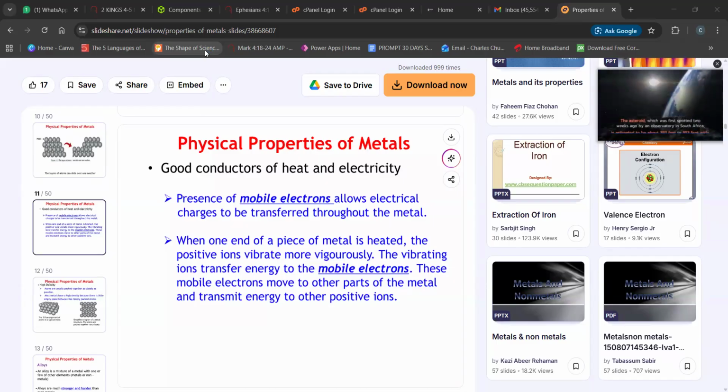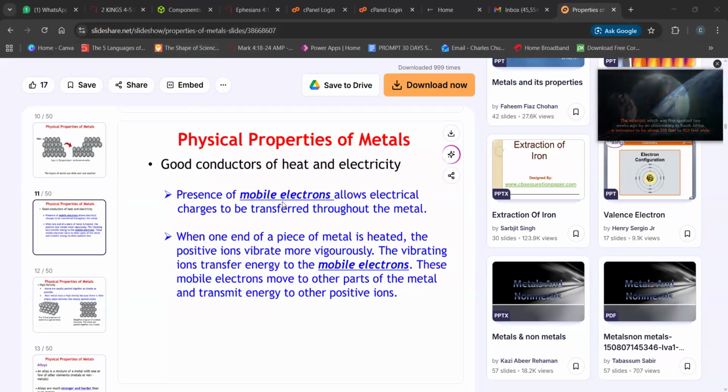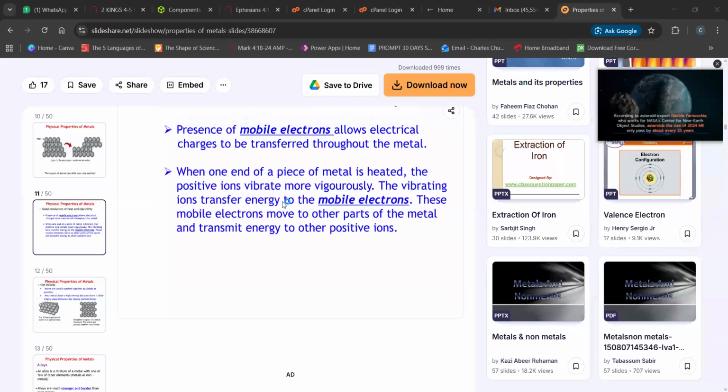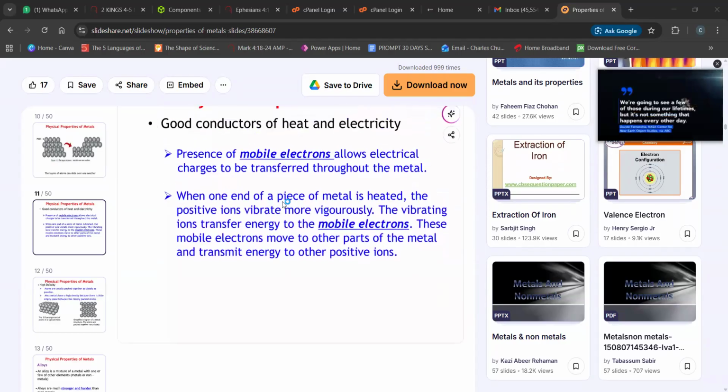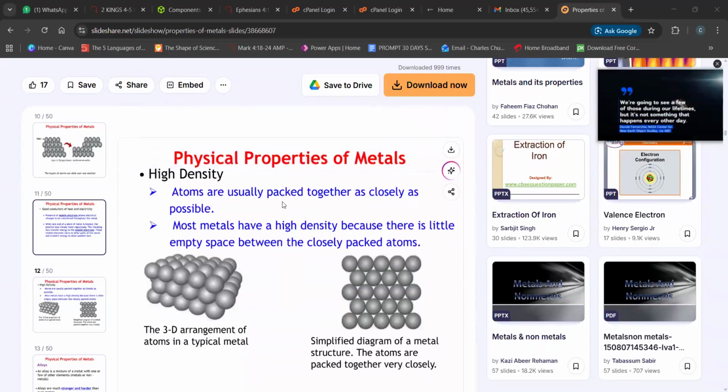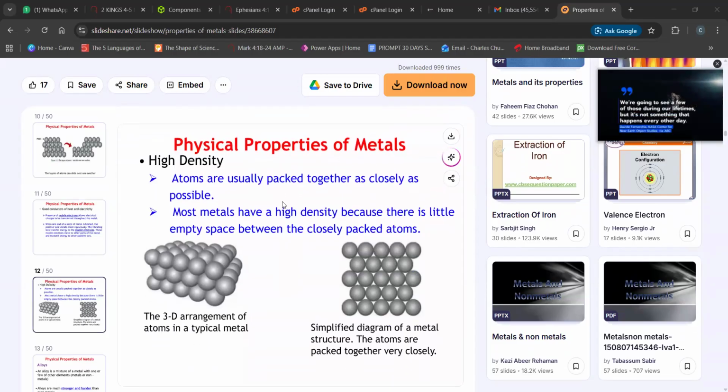Electricity is basically the movement of electrical charges through a metal, and that is perfectly done by mobile electrons.